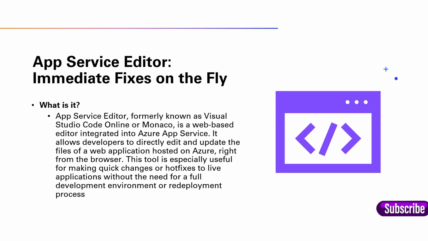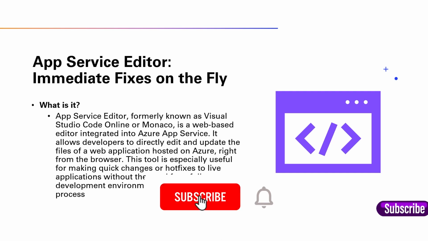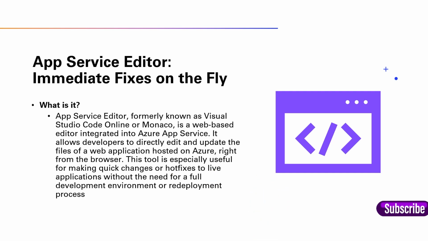Let's talk about App Service Editor. App Service Editor is a web-based editor integrated with Azure App Services. It allows developers to directly edit and update files and configuration hosted inside Azure.